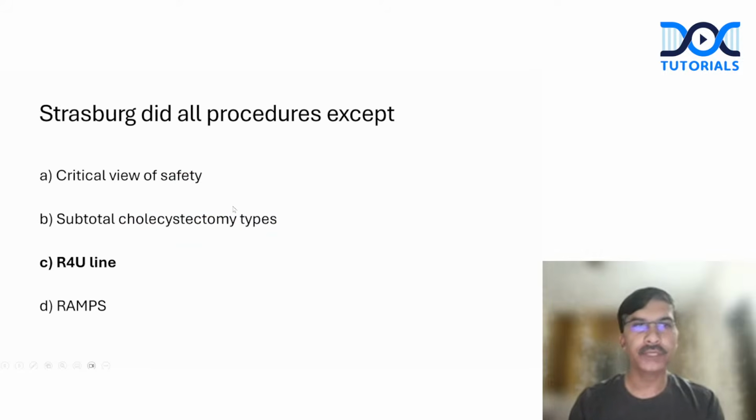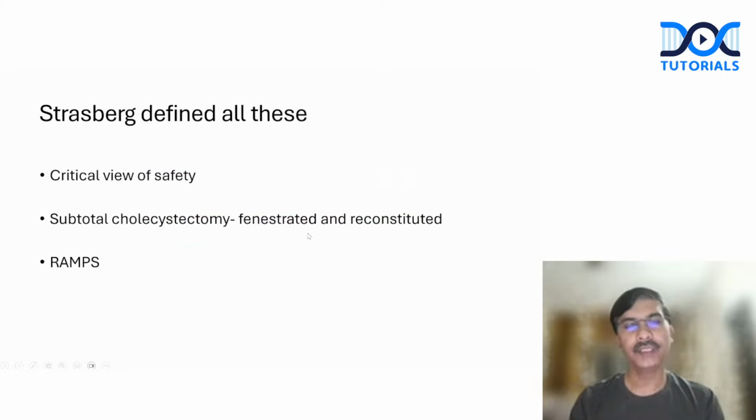Now, the critical view of safety, subtotal cholecystectomy types like fenestrated and reconstituted types, and RAMS, which is radical antegrade modular pancreatosplenectomy, explained for adenocarcinomas of the body and tail of the pancreas, were all defined by Strasberg.